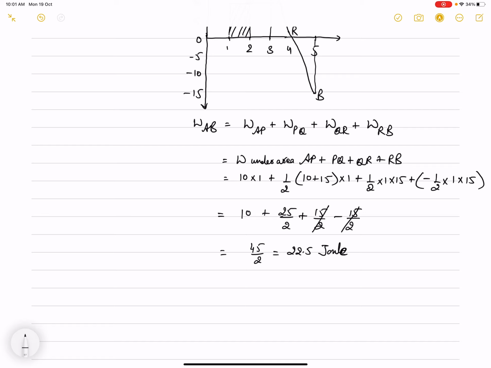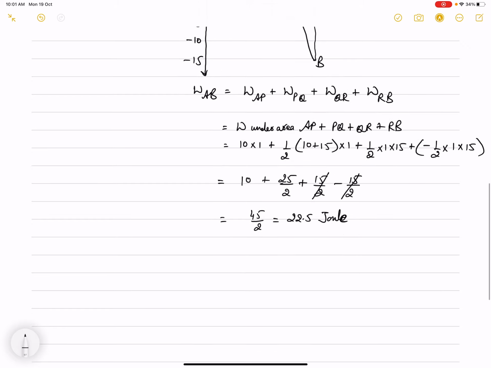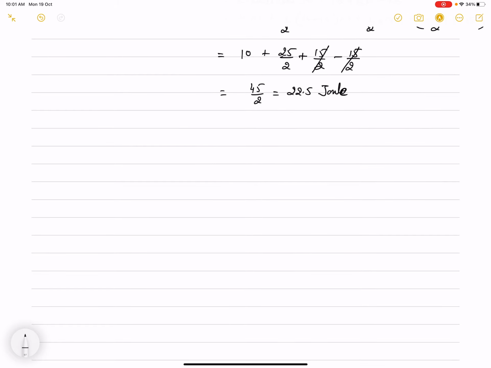So this is how you calculate the work done by a variable force. Or you can integrate it as well, if you are given some expression. Let's have an example.